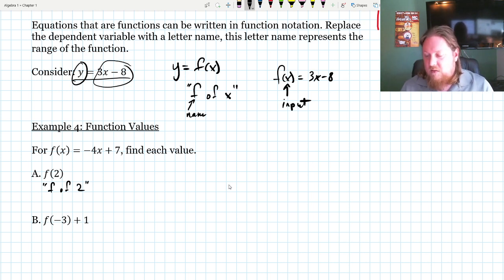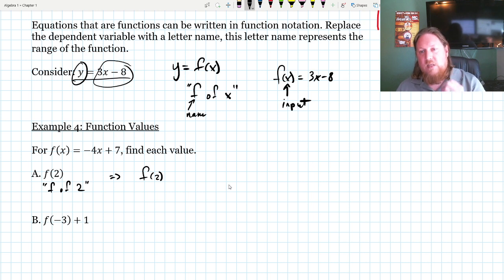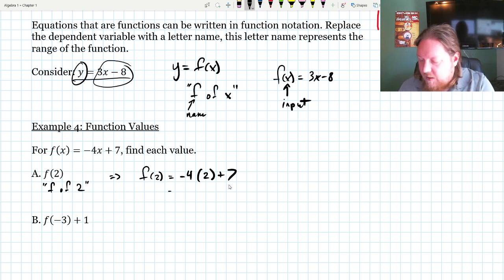And what that means is, f of 2, everywhere where I see an x, I'm going to make it a 2. It's telling me right away, hey, you got this function, plug in 2 for all the x's. And then I can evaluate it. Negative 4 times 2 is negative 8 plus 7, and that equals negative 1. So f of 2 equals negative 1.